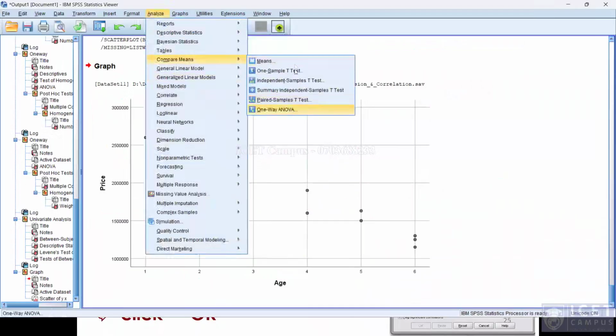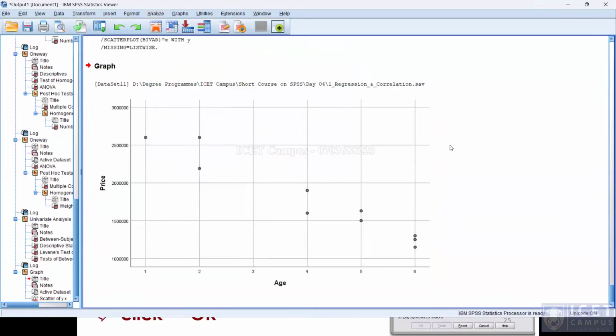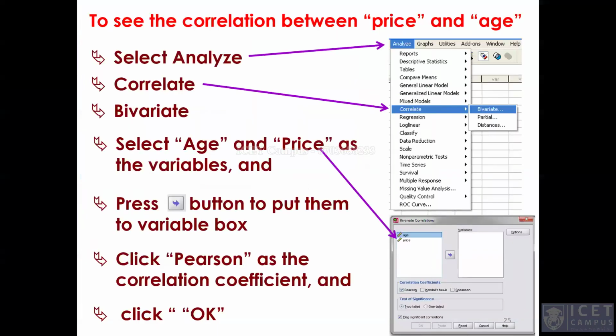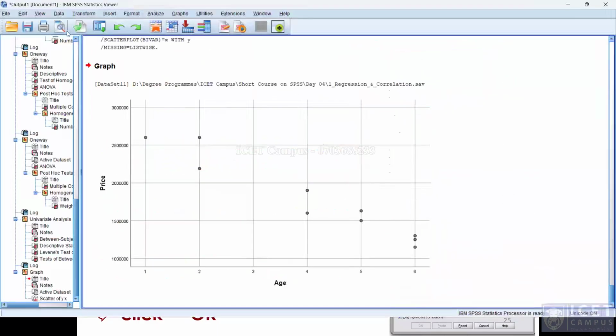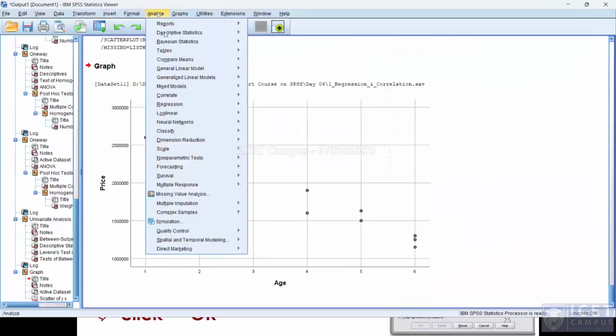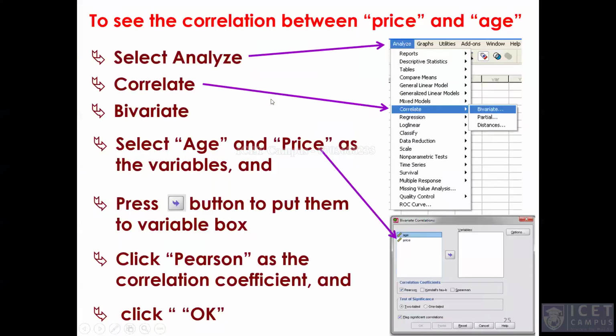Go to Analyze, Correlate, Bivariate. Then select age and price as the variables here.